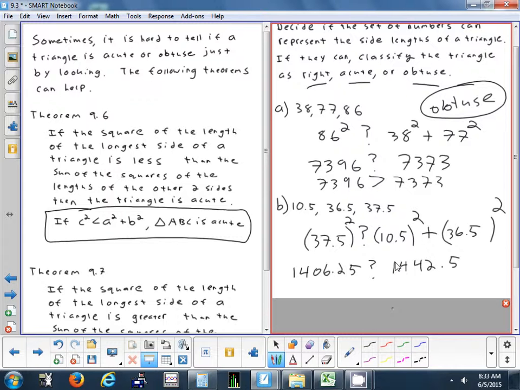So my guess was right. This time the hypotenuse squared is smaller than the sum of the two legs squared. So this should be a less than. How about Marquise? What kind of triangle is this? Yeah, acute. This is acute.